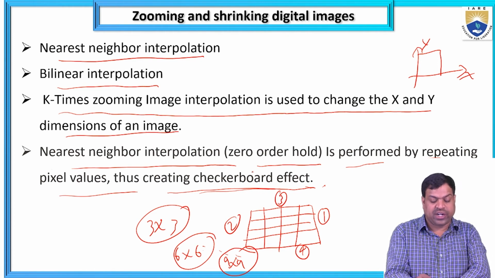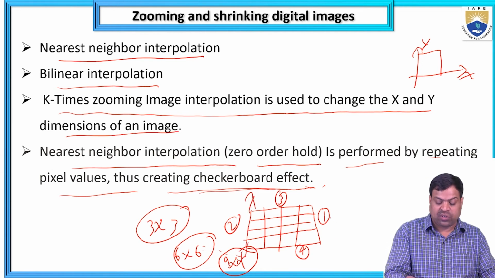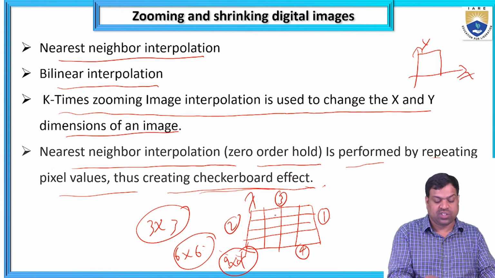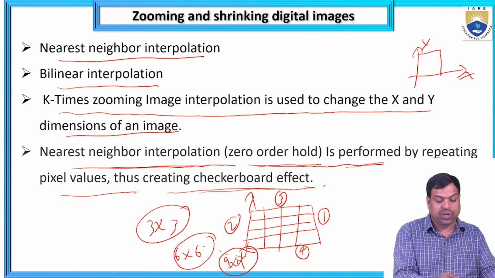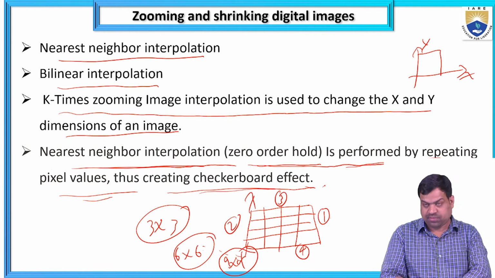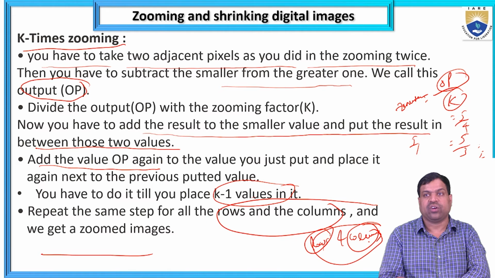Nearest neighbor interpolation means the nearest values: left, right, top, bottom, so 4 nearest values. Nearest neighbor interpolation, or zero-order hold, is performed by repeating pixel values, thus creating a checkerboard effect. K times zooming means we take the adjacent pixels, row and column, and we have to take the output values with the zooming factor.